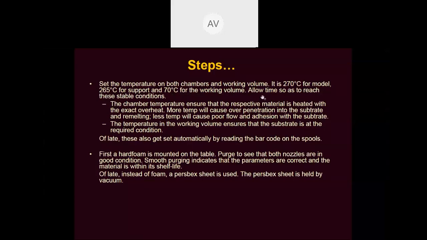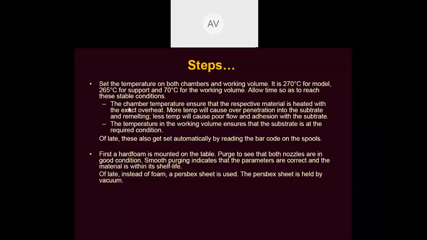Allow time to reach stable conditions. Due to the temperature difference, 270 degrees for the model and 70 degrees for the working volume, heat transfer will occur and the semi-liquid material will go to solid form. So some time is required to reach stable condition.